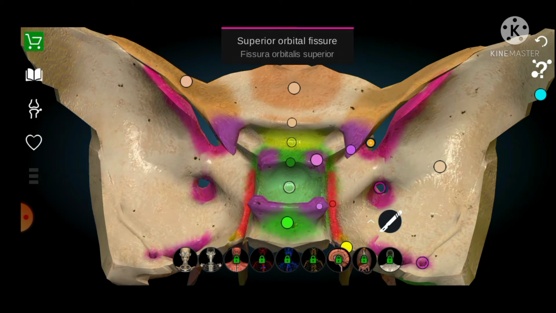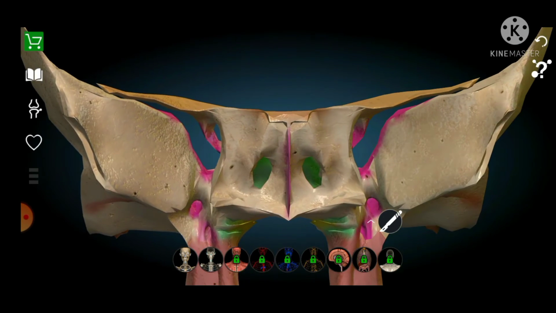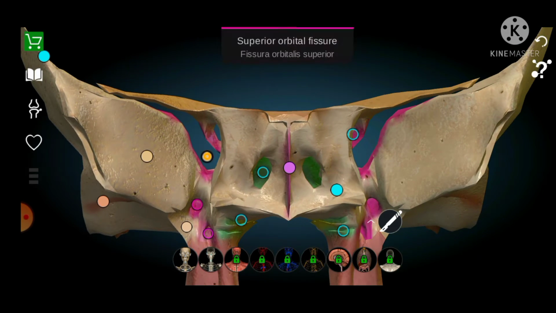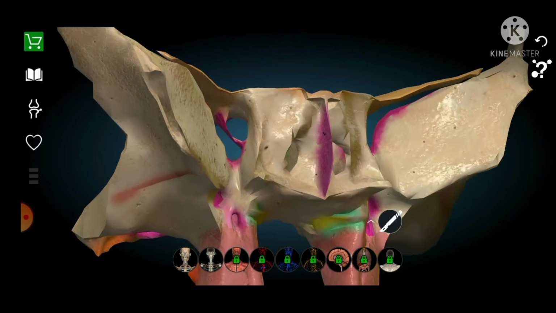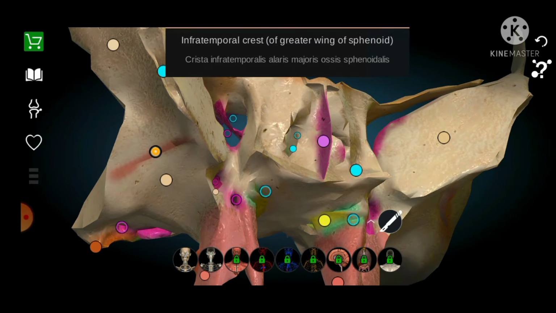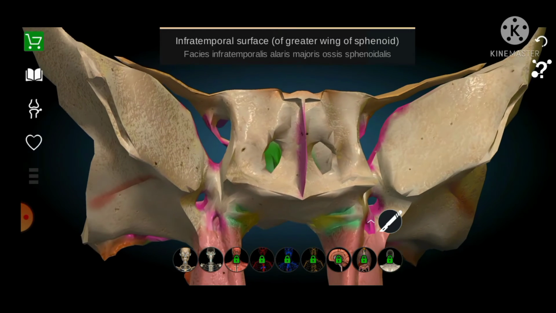Then it is the superior orbital fissure, and this is the orbital surface of greater wing of sphenoid. This is the infratemporal crest, sorry. Then it is the infratemporal surface of greater wing of sphenoid.